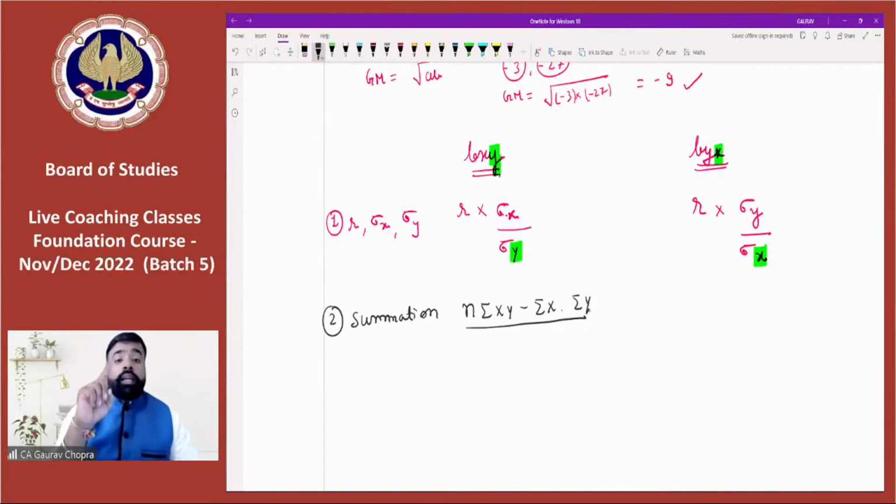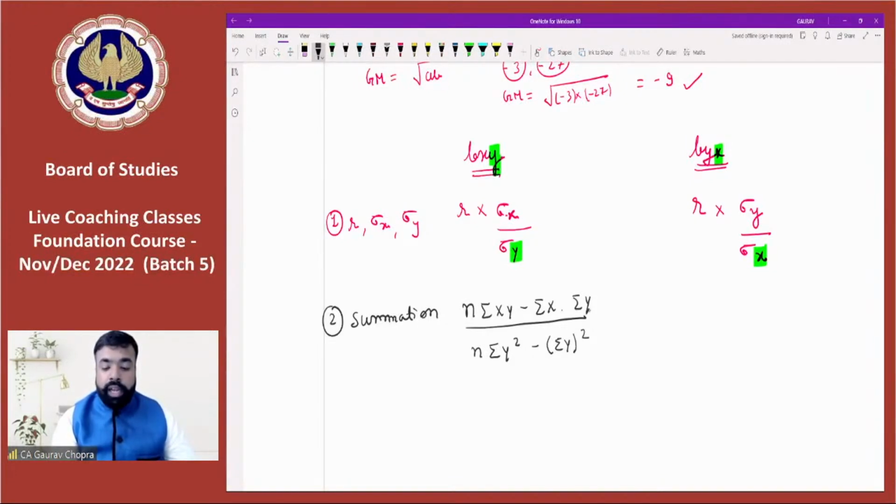Now, in correlation there was an under root, but we will not use under root here. Then in the denominator, for bxy, only the y portion will come. So n sigma y square minus sigma y whole square. So this becomes the formula for the summation method.